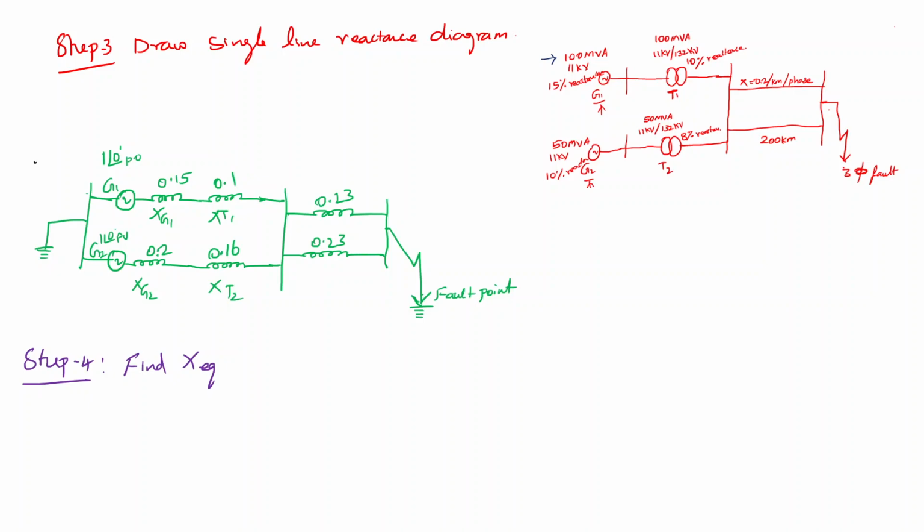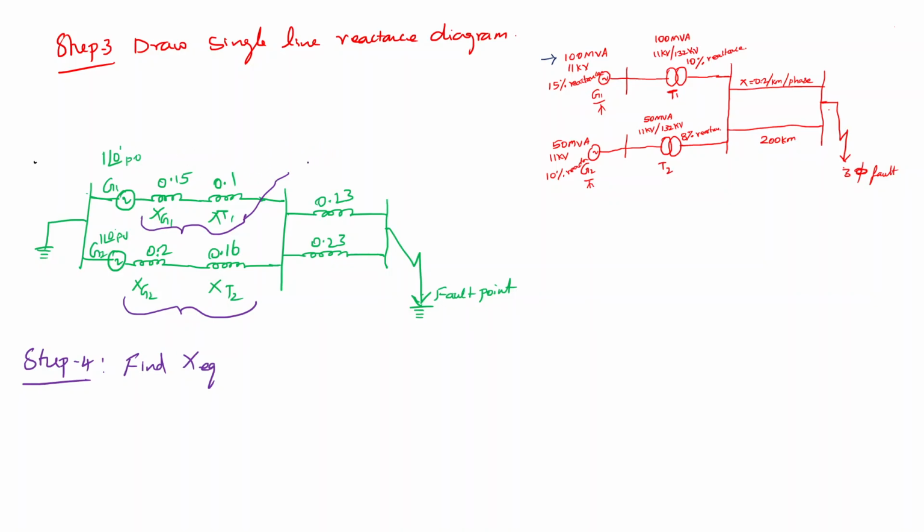So that is my aim. We know the formula, if it is parallel and series, how to convert the reactance into an equivalent reactance. First I will add these two, because these two are in series and these two are in series.